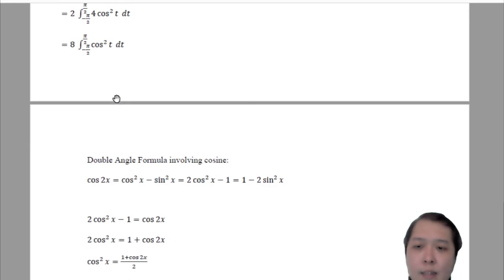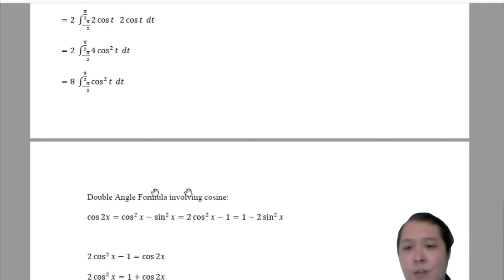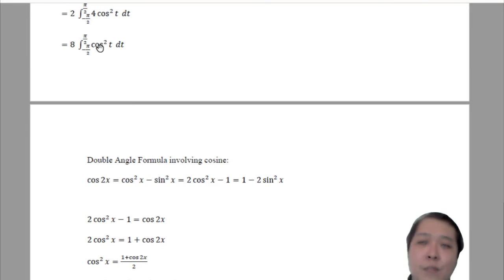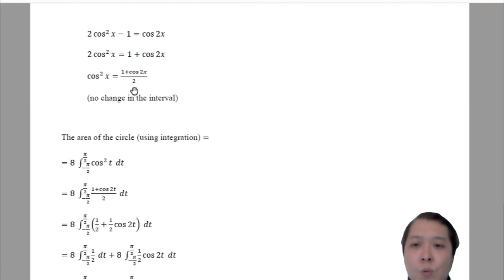And then now we have cosine squared. Well, do not forget this powerful double angle formula involving cosine 2x, and with a little modification we can express this cosine squared into 1 plus cosine 2x over 2, or half plus half cosine 2x.